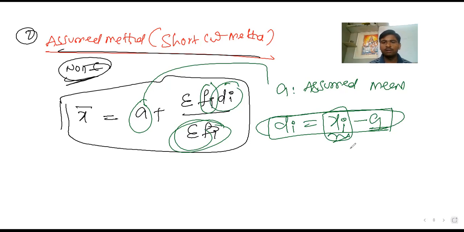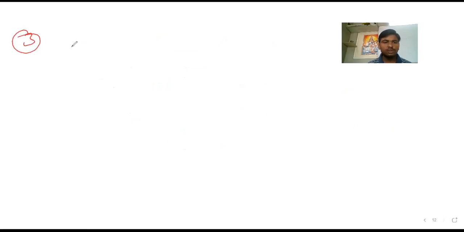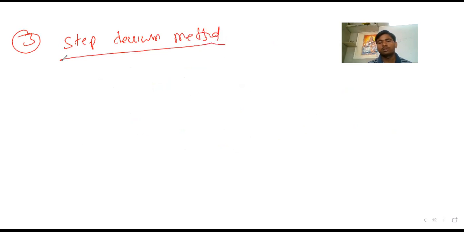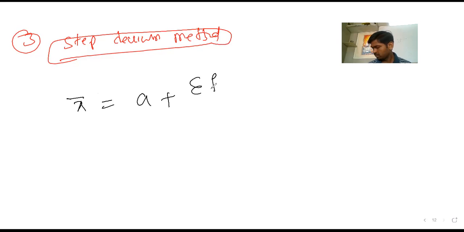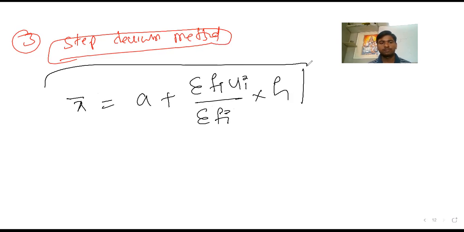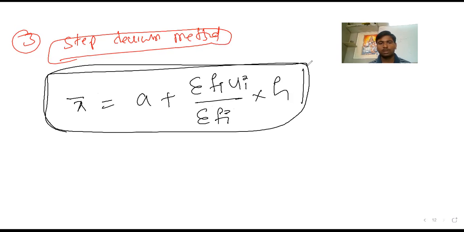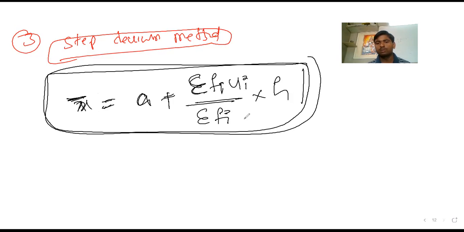A third method is also there, the step deviation method. The step deviation method also has a very simple formula, same as here, just interchanging this. x bar is equal to a plus sigma fi ui by sigma fi, into h.